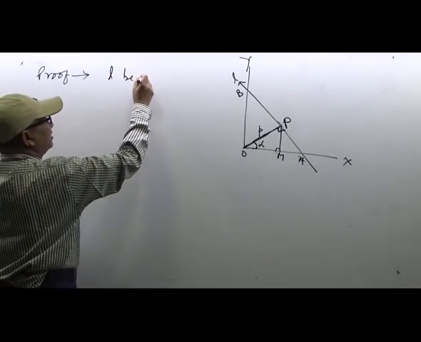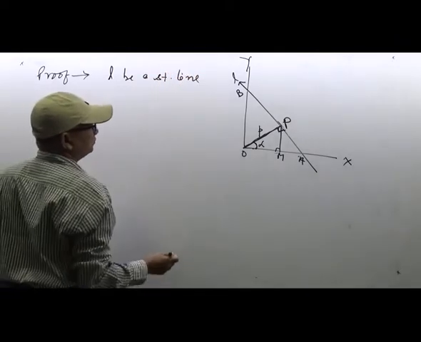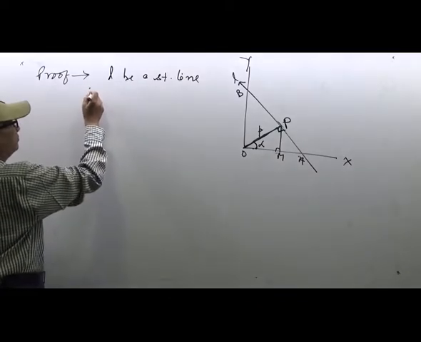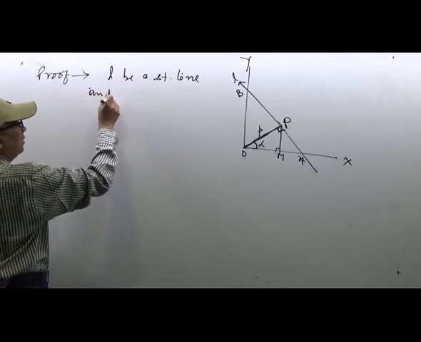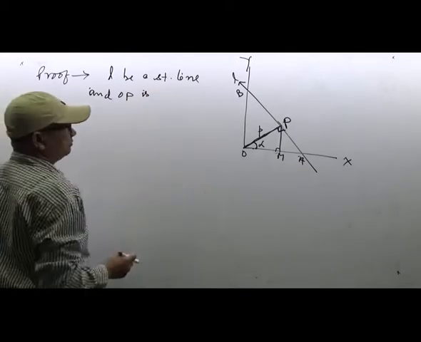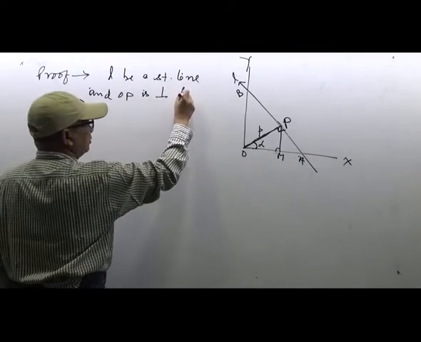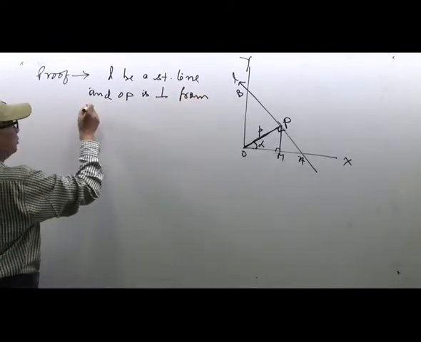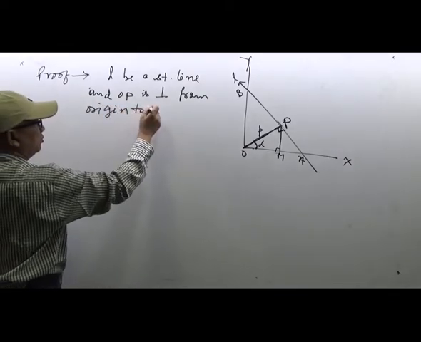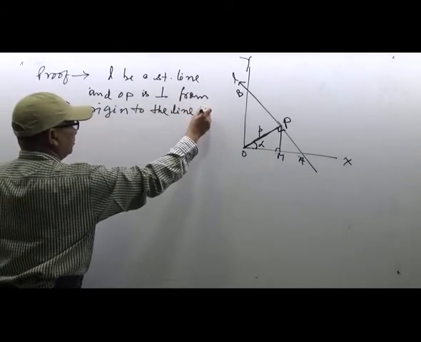Let L be a straight line, and OP is the perpendicular from origin to the line AB.